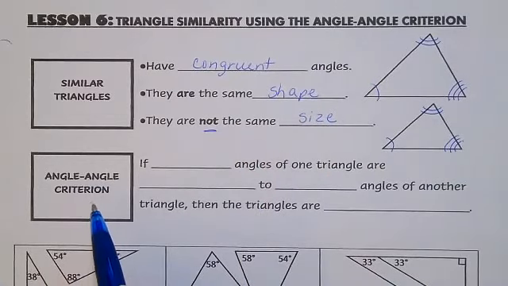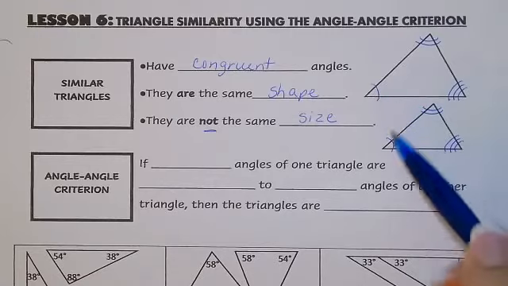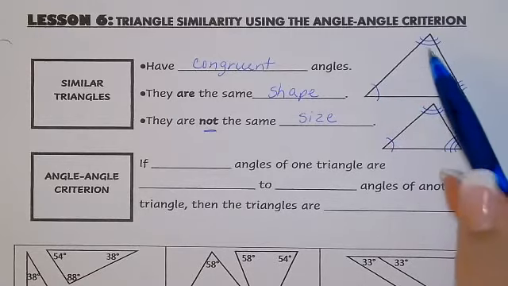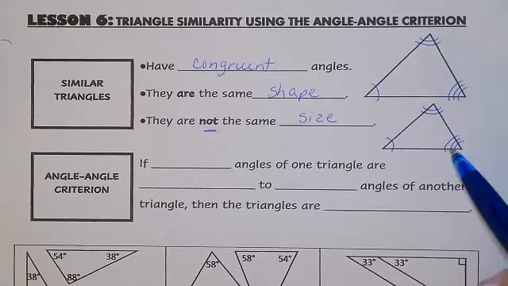Angle criterion. That is, if two of the angles of one of the triangles are congruent to two angles of another triangle, then the triangles are similar. So for example, if these two are the same and these two are the same, then it must mean that these third angles are also the same.